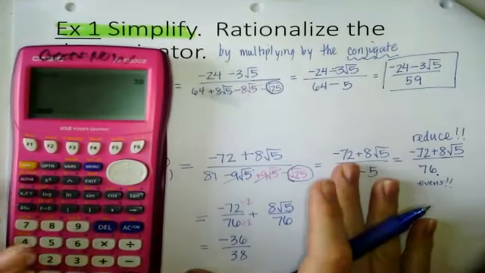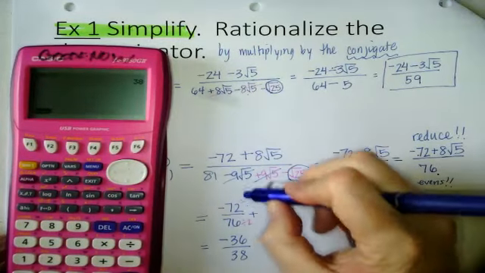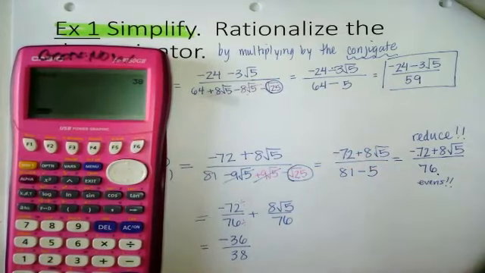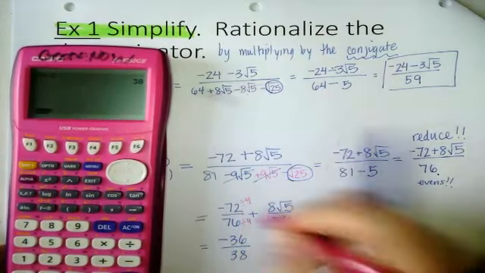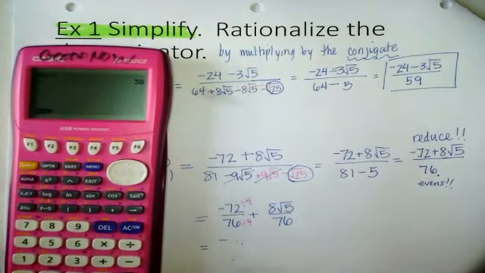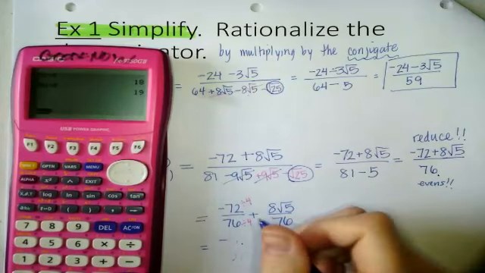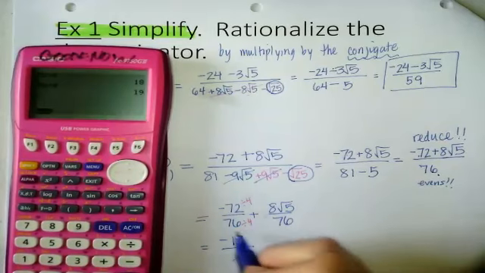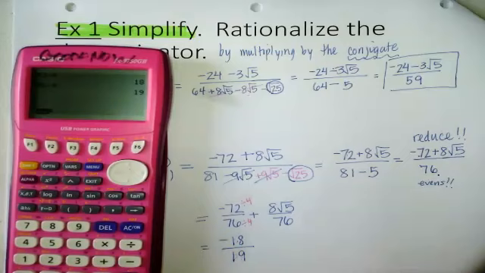These are still both even numbers, so let's try dividing by 4. I'm just playing with numbers here. This is the one thing about IXL, it makes you think. 72 divided by 4 is 18, so negative 18. And 76 divided by 4 is 19. And those I can't reduce anymore.